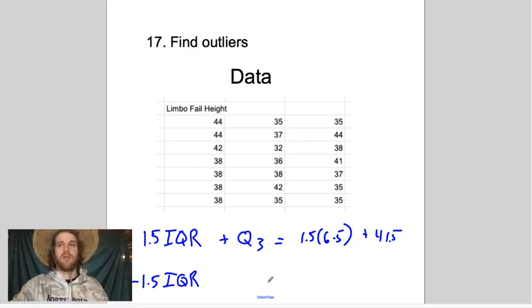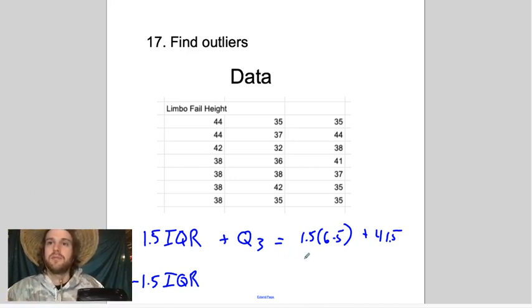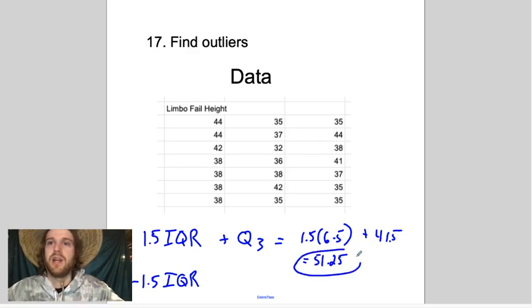Okay, so let's do that real fast. The cutoff boundary, this is not in your summary statistics, so this is something that you might be likely to calculate. 9.75 plus 41.5 is 51.25. So if you have anything that is bigger than 51.25, you've got an outlier, which we don't, so that's fine.